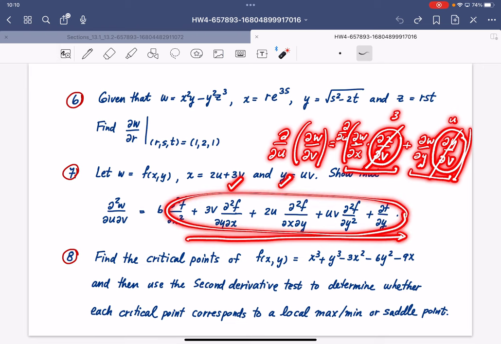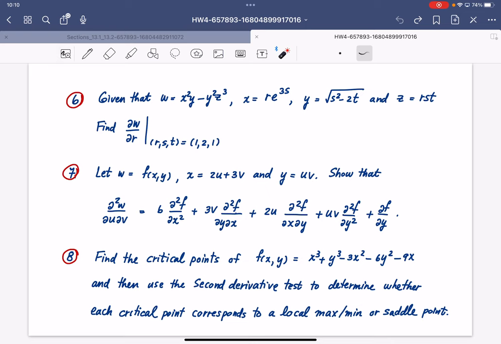Makes sense? But it's going to take a little bit of calculation because you can see the answer has 5 terms here, so you just need to simplify until you get this one. It's going to require you to apply the chain rule and the product rule on that question.